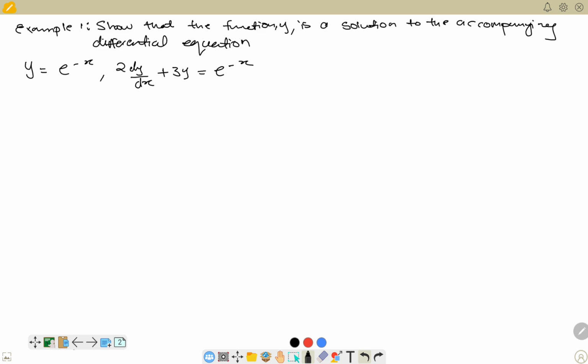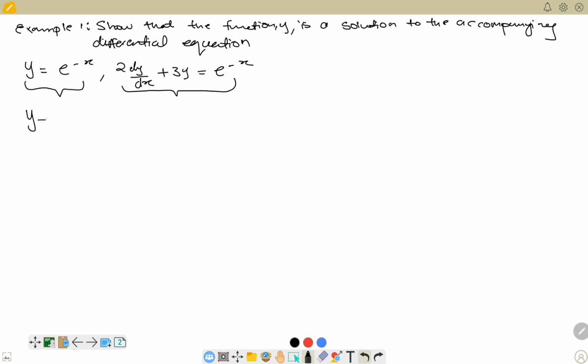Example number 1 says show that the function y is a solution to the accompanying differential equation. So the function is this one here, and then this is our differential equation. So how do we show that this function is a solution to this differential equation? We have to differentiate our function.